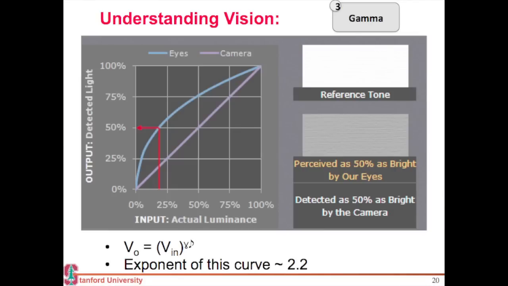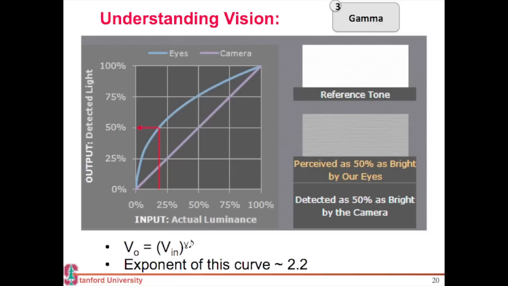Another very important feature of our eye, which is responsible for this term called gamma, is that our vision is not linear with intensity. That's again a vestige from our days as a hunting, predator species, because when you hunt, you're in night light, and you want a much better response to lower light conditions.